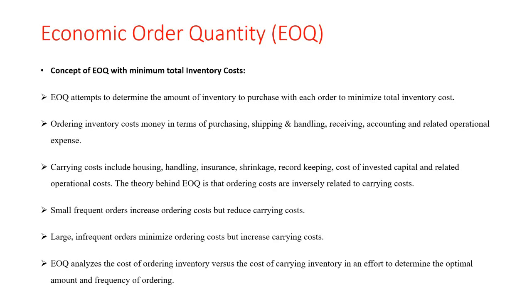Ordering cost includes money spent on purchasing, shipping and handling, receiving, accounting and related operational expenses. The carrying cost includes housing, handling, insurance, shrinkage, record keeping, cost of invested capital and related operational cost.